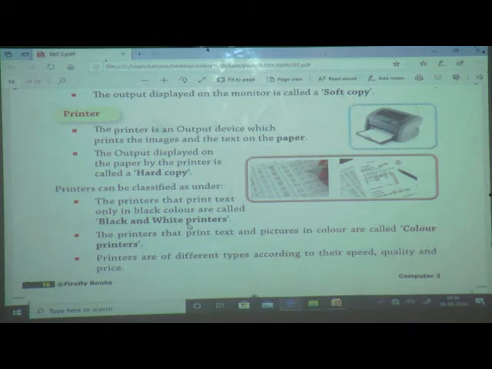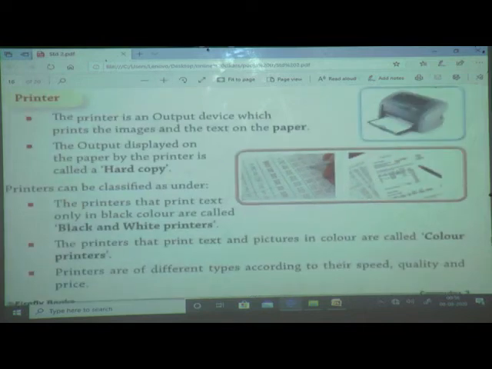Next, output devices. Which are the two main output devices? Good. Monitor and printer. Now we will see about the printer. What is the use of a printer? The printer is an output device which prints the images and the text on the paper.